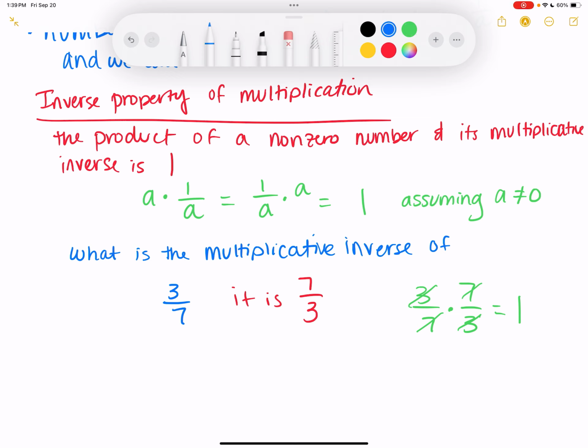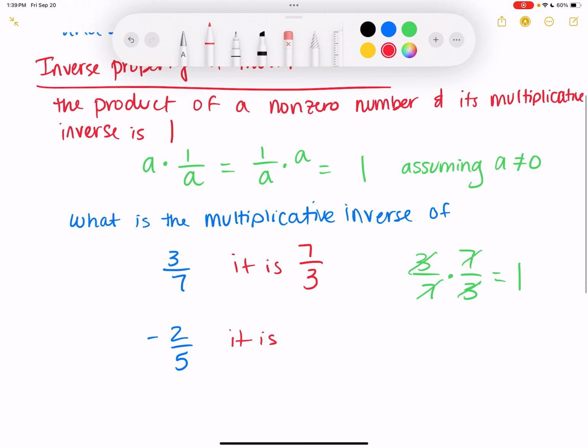What if instead we had negative 2/5? What would our multiplicative inverse be? Negative 5 over 2, because whatever the sign is has to be the same, so that when I do negative 2 over 5 times negative 5 over 2, the 5's cancel, the 2's cancel, and a negative times a negative is positive, so that's going to give us the positive 1.